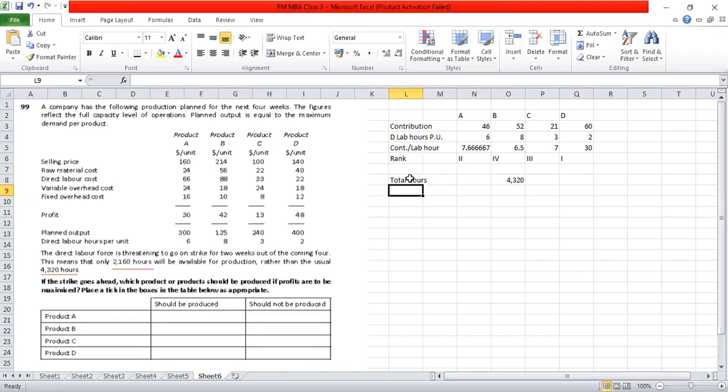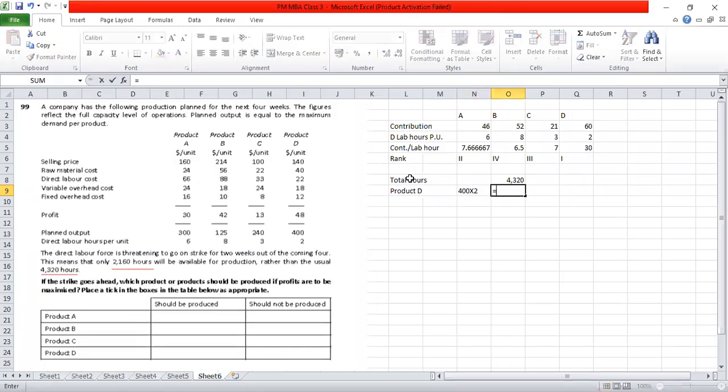So the hours required by product D will be, product D planned output is 400. Each unit requires 2 hours. Do you see that?